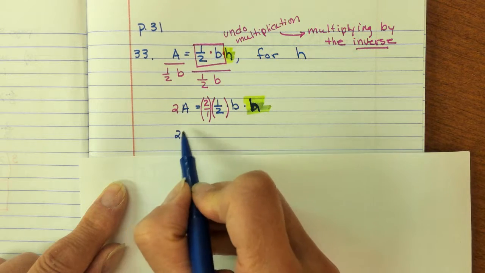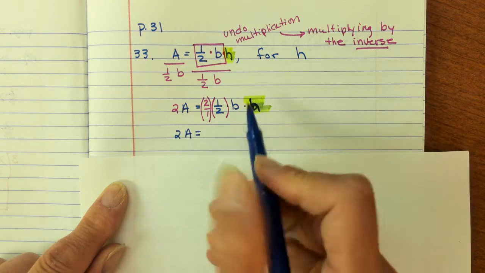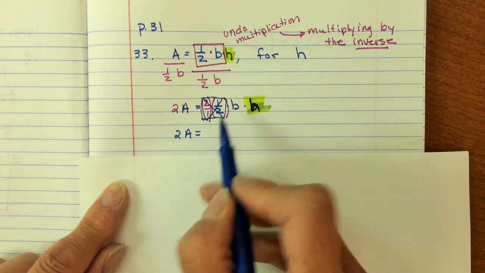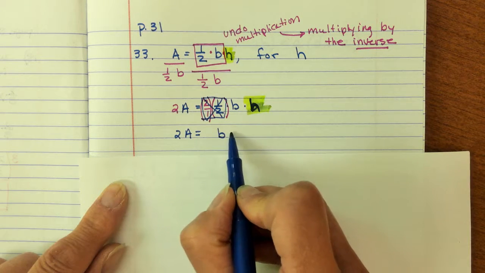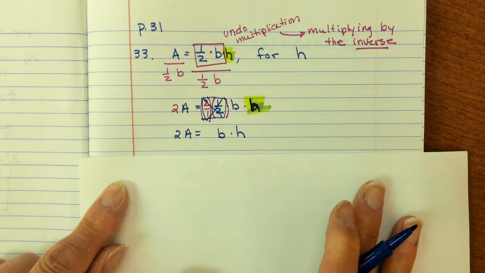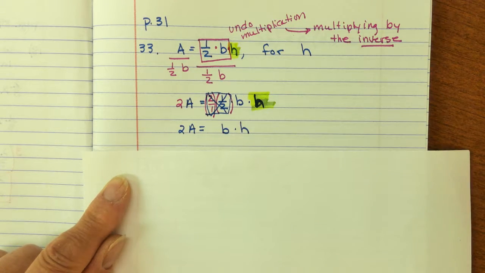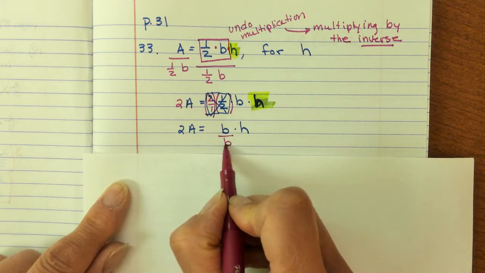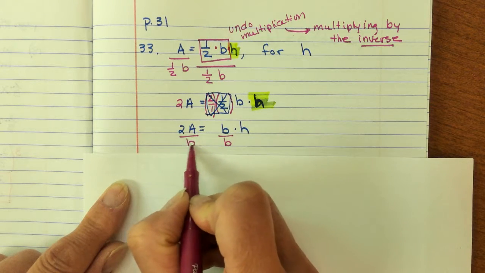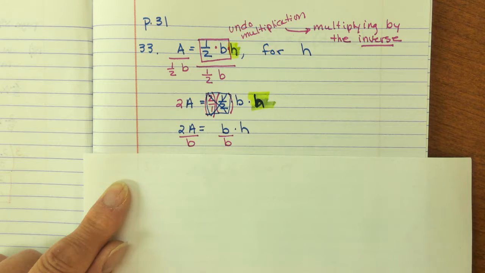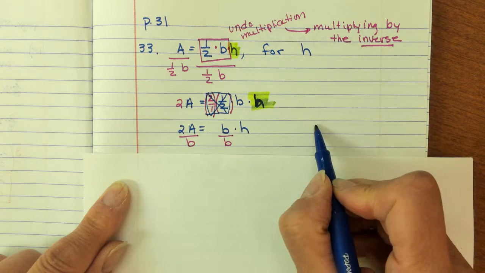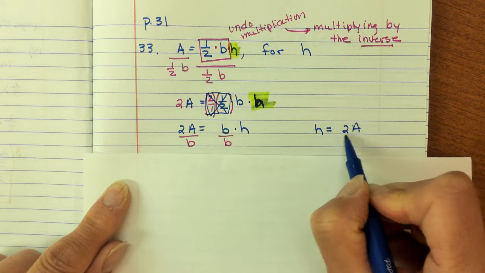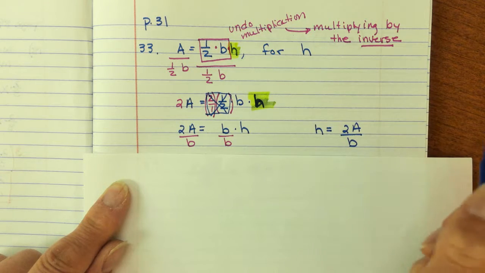That gives me 2a is equal to, well, this divided out to 1. 1 times b is b times h. That cleans it up nicely. Then I can divide both sides by b. And that gives me my final answer of h is equal to 2a over b.